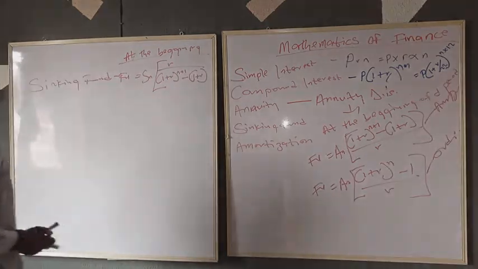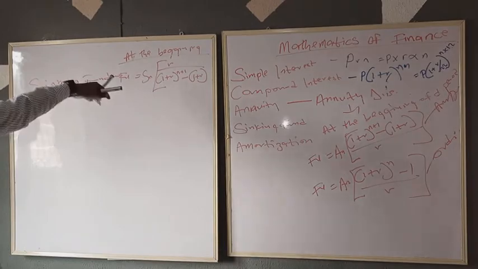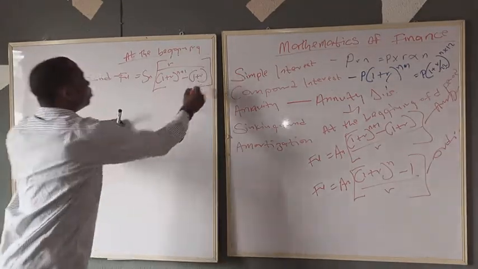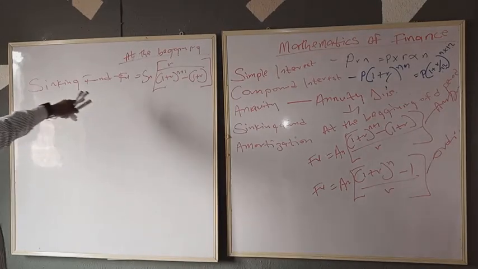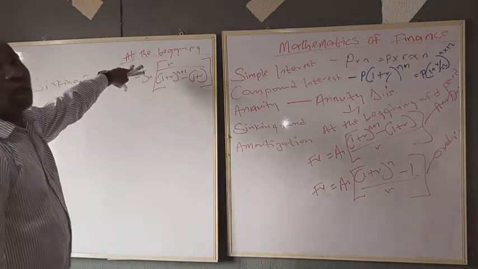So this is the formula for sinking fund when the payment is being made at the beginning of the period.